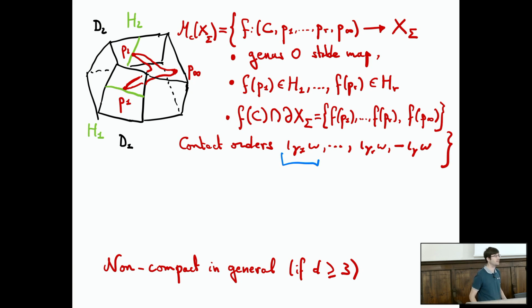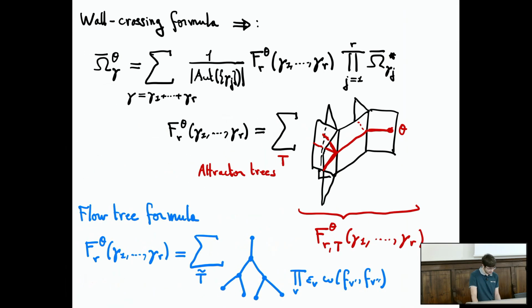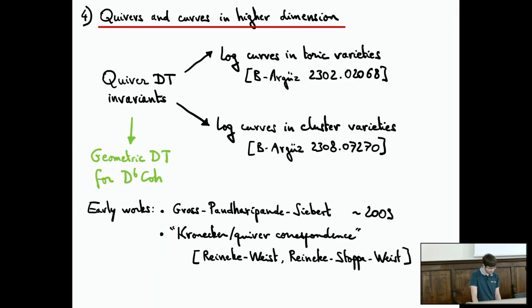Sorry? Why do you demand that f of pi land in hi rather than just in di? Yeah, so, okay, probably the true answer is that this will give the right correspondence. And actually, maybe there is a better explanation, which is that these trees have these legs living in this upper plane.